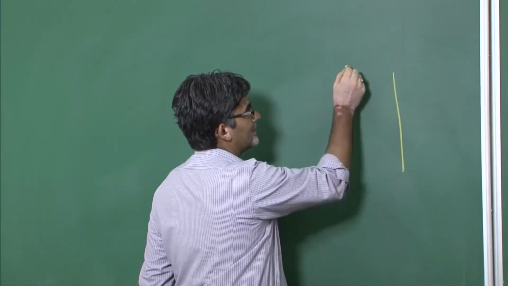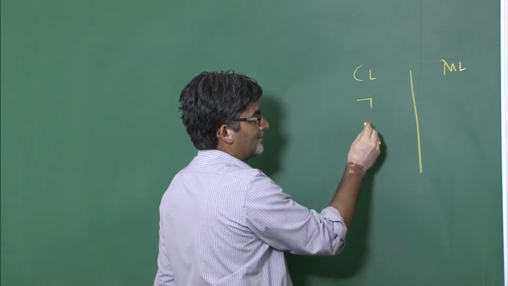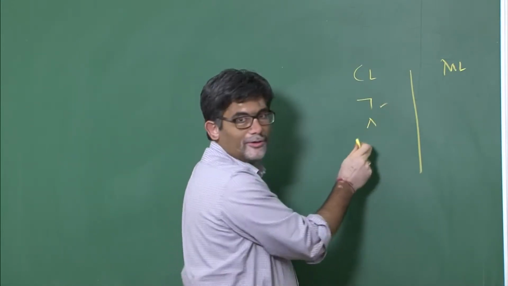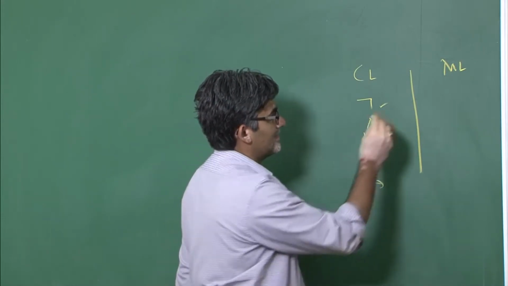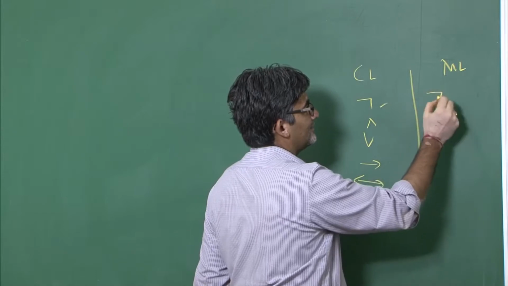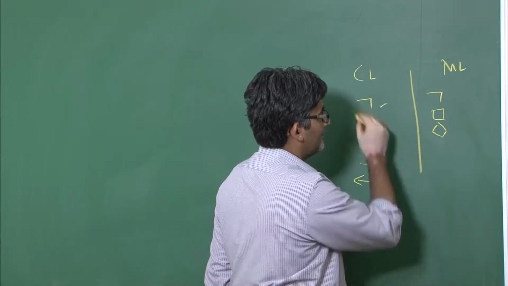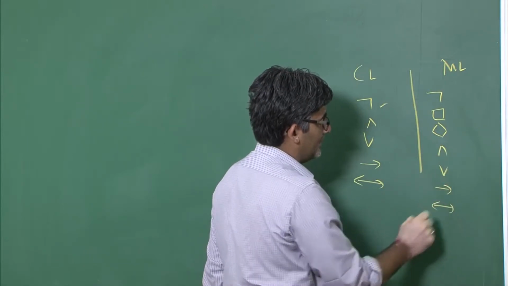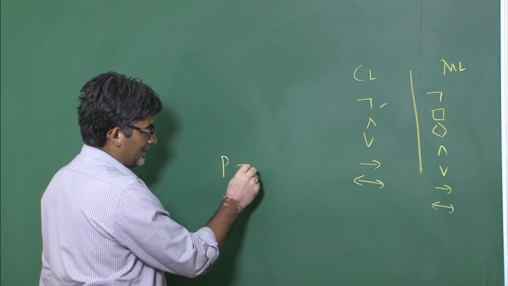So, this is the case for classical logic, and this is the case for modal logic. First preference is given to negation, followed by necessity, possibility, and of course all the other connectives: and, or, implies, if and only if.